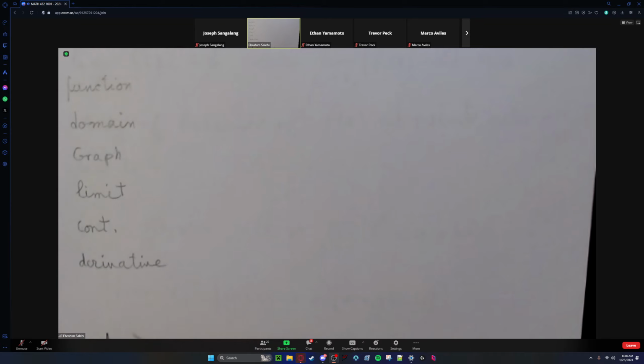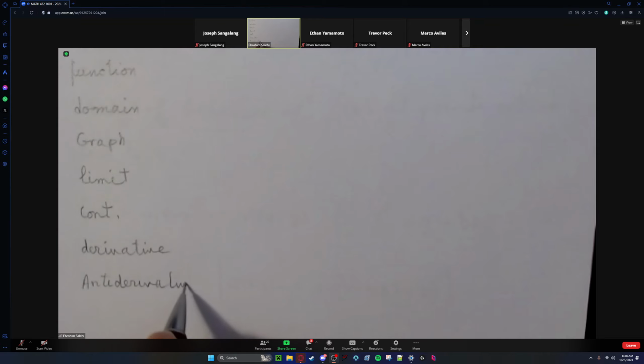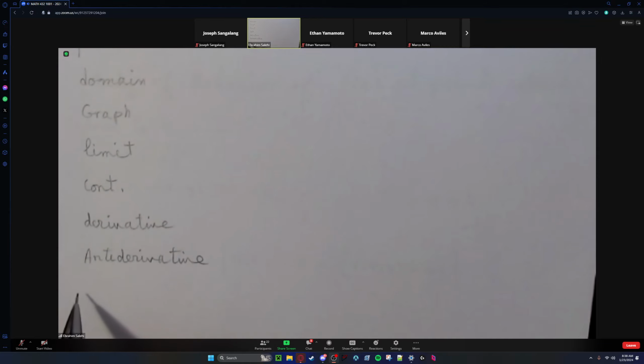Right? The next one, of course, integration, right? Antiderivative, integration. So all these will apply to a function.